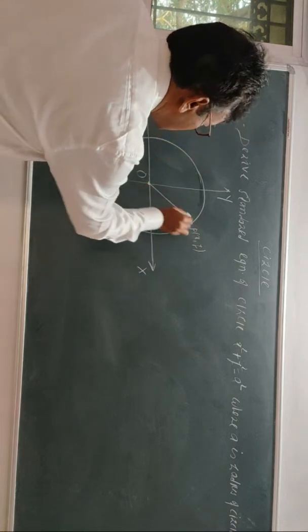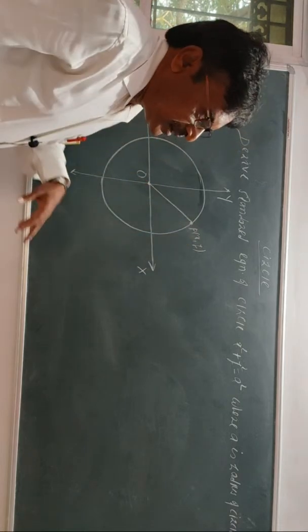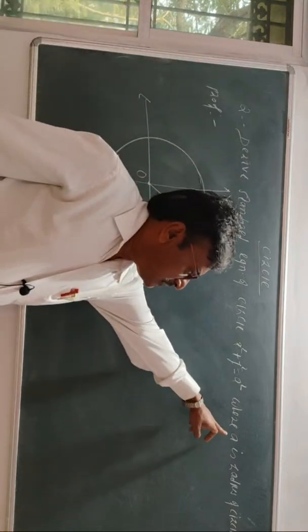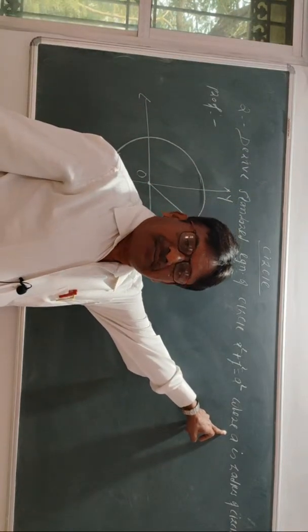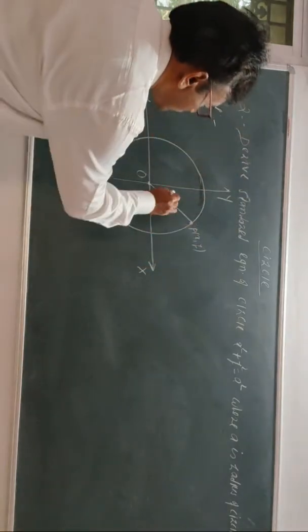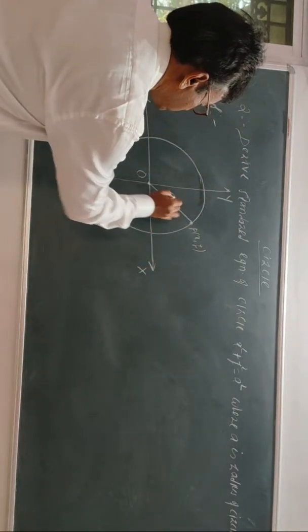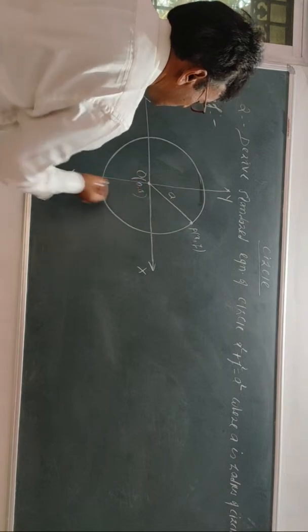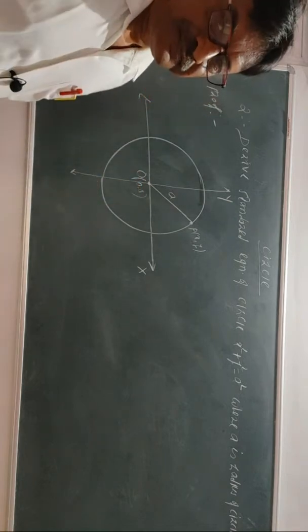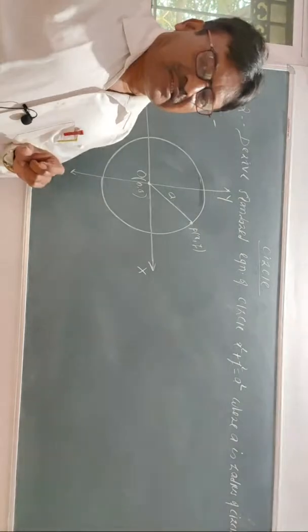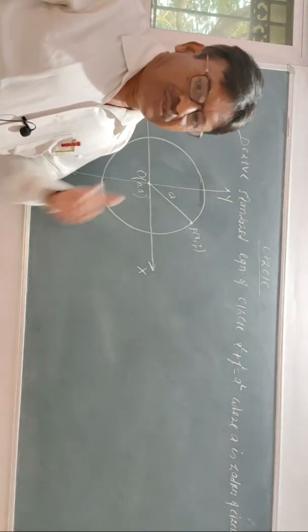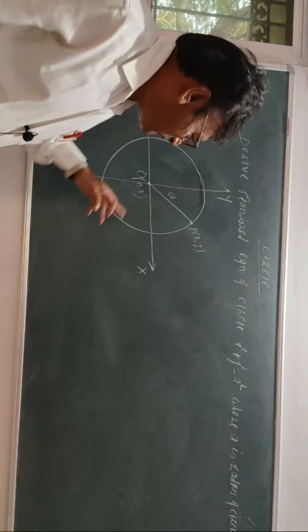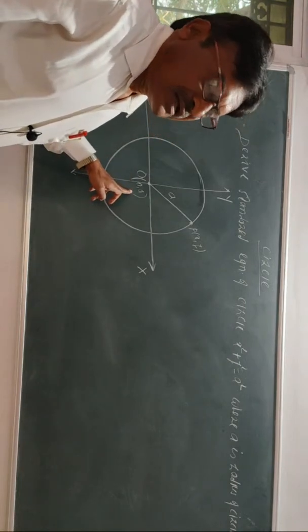OP is the radius of the circle, and it is given that a is the radius of the circle. So OP equals a. Here O is the origin, therefore the coordinates of O are (0, 0), because we know the x coordinate and y coordinate of the origin are 0, 0.